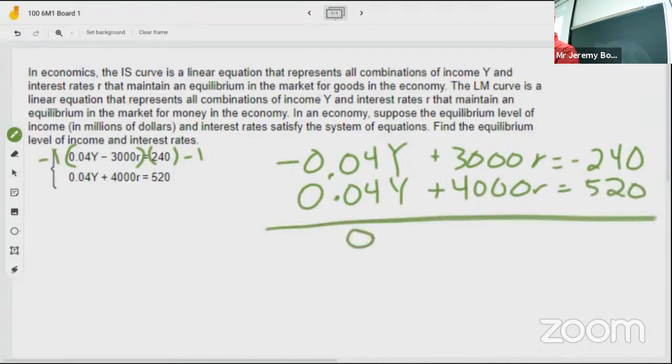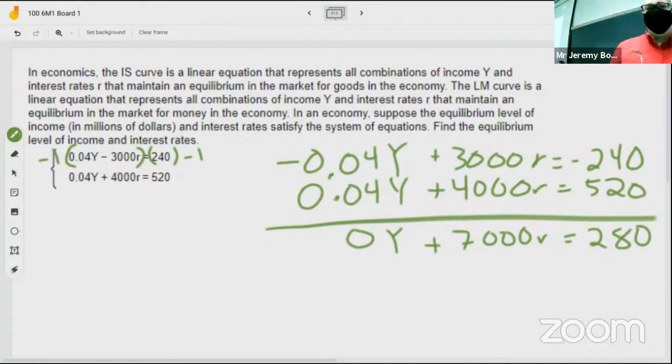Add them up, we're going to get 0 y plus 7,000 r is equal to, what's that going to be? 280. Yep. And so if we want to solve for r, we're going to have 7,000 r equal to 280.